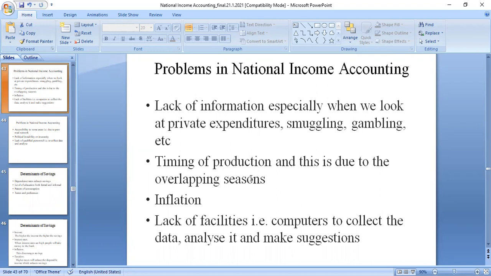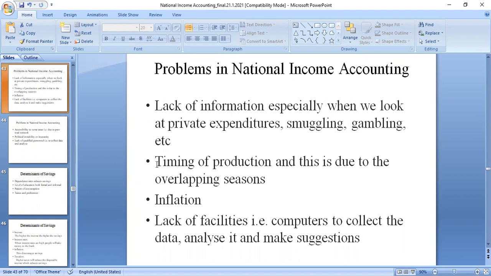Then there is a problem of timing of production, and this is due to the overlapping seasons. It can so happen that the national income accounts are taken in a period where, as businesses, there are seasons where businessmen are expected to make profit, and then there are also those months where they say, maybe this season our children are going back to school and we don't have money.